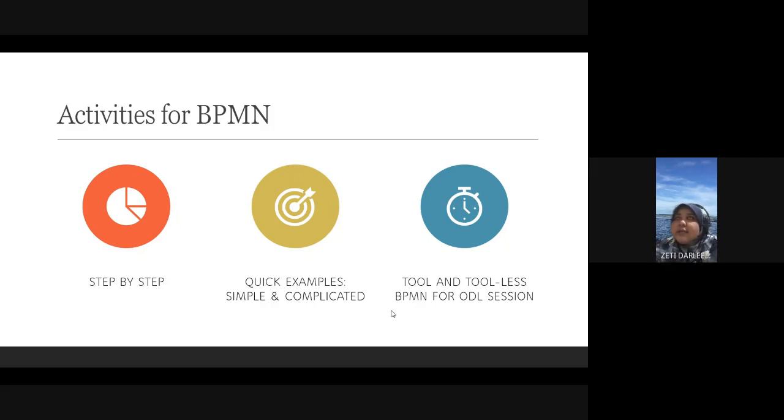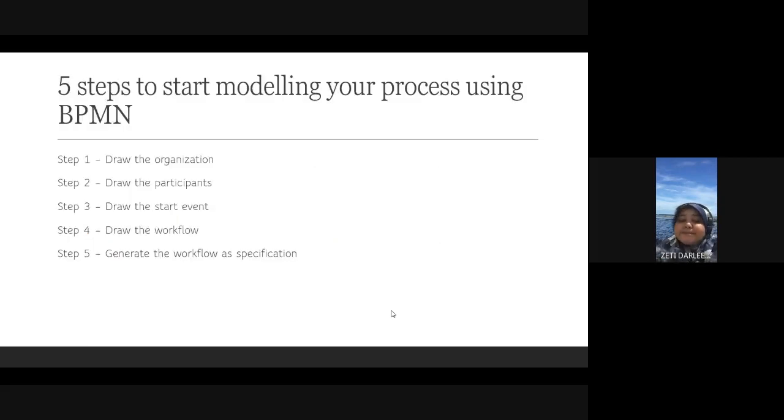So hari ni saya mungkin nak tengok output based on your handwriting first, then you boleh transfer that handwriting BPMN menggunakan tools. So kita akan tengok apa contoh-contoh tools yang boleh kita guna, which is freeware lah, boleh download dan boleh guna. Alright, so kita pergi ke bahagian pertama, which is step by step.